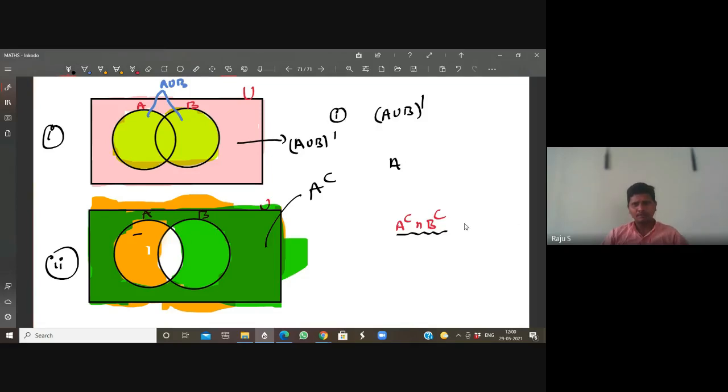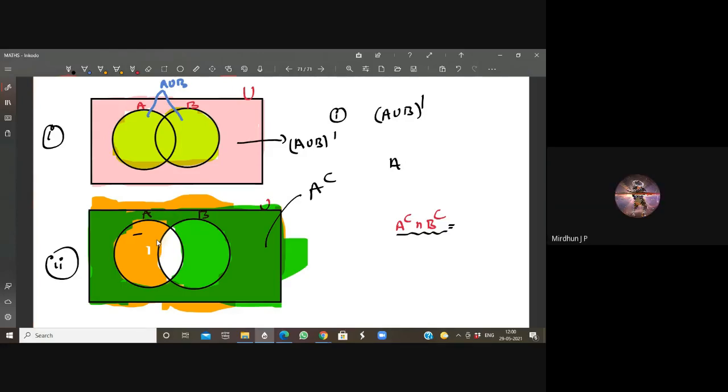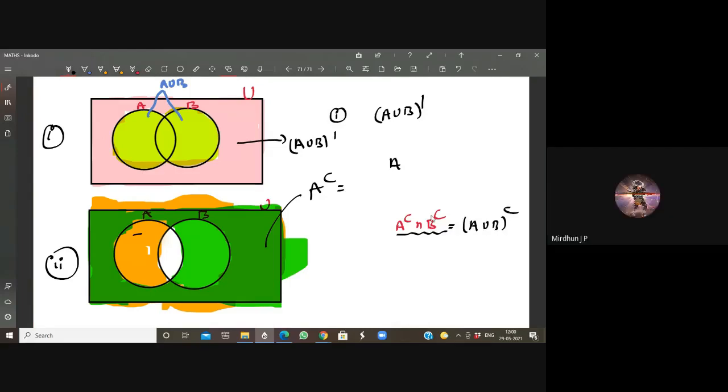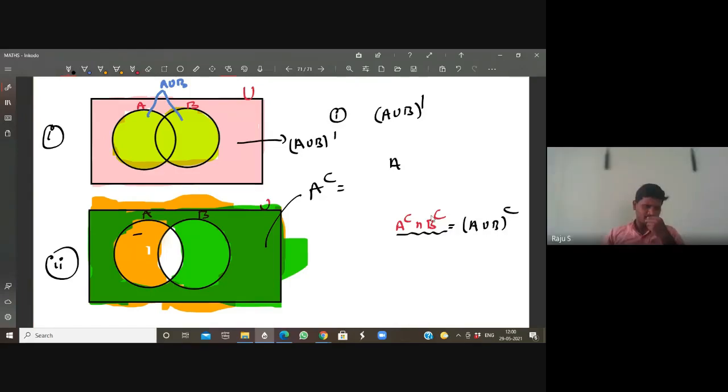Here, is there any common part that belongs to both complements?